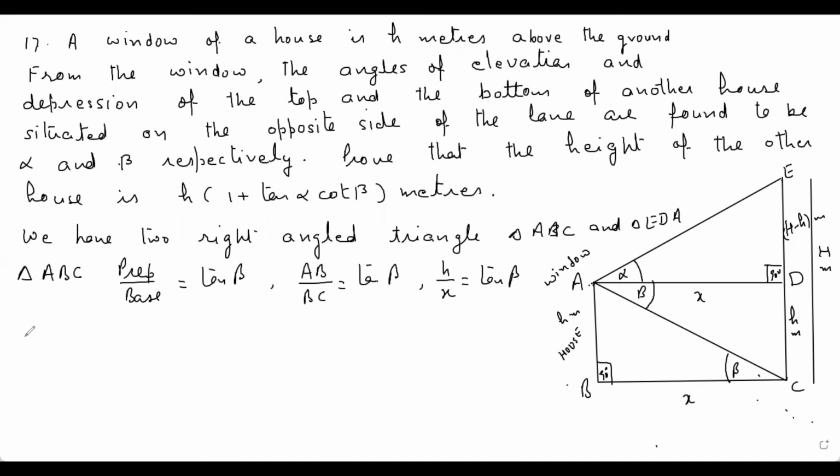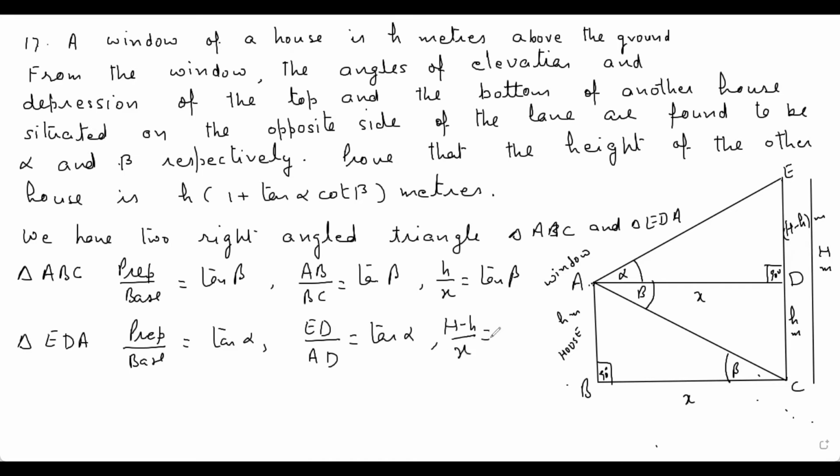Now in the second triangle, triangle EDA, perpendicular upon base is equal to tan alpha. Perpendicular here is ED, base here is AD, which is equal to tan alpha. ED is H minus h, upon AD which is x, is equal to tan alpha.